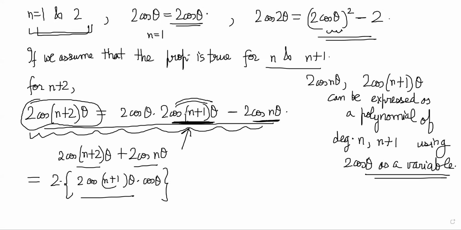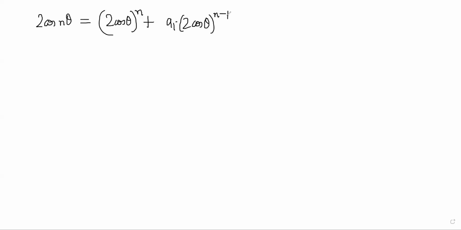I have proved that basically 2 cos n theta can be written as (2 cos theta) power n plus a1 times (2 cos theta) power n minus 1 and so on till a(n minus 1) times 2 cos theta plus a0, right? Correct.